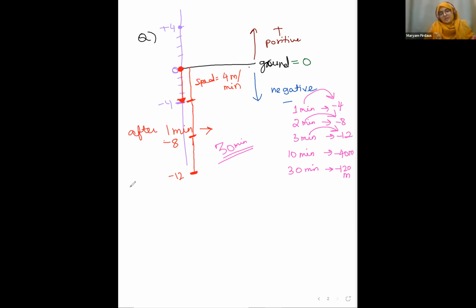Certain teachers want you to write whole sentences, but you don't really need to. So did you understand this question? Yeah. So after half an hour, it's going to be 120 meters below the ground, or its position is going to be minus 120 meters. Was there any other question?